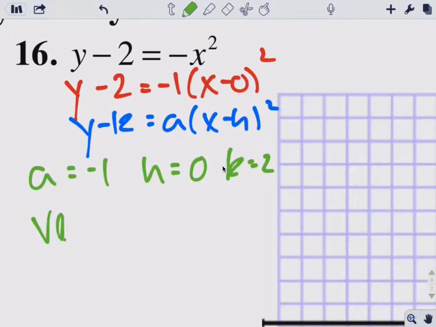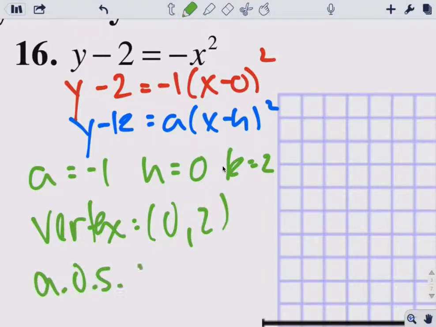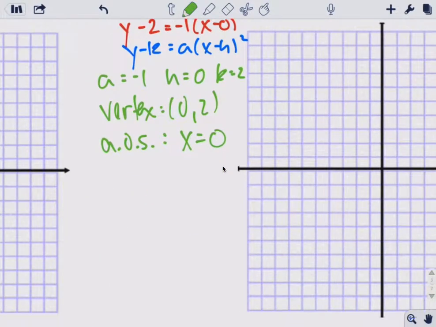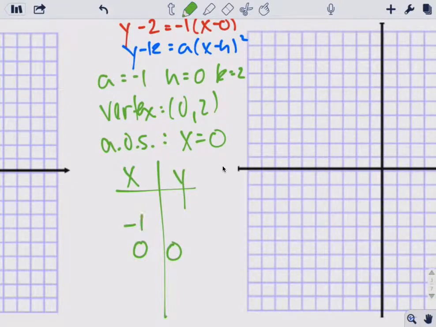So we got to do the vertex. 0, 2. We've got to do the axis of symmetry. Again, the axis of symmetry is x is equal to h. h is 0. Now we make our table. x, y. We've got 0, 2 in the middle.